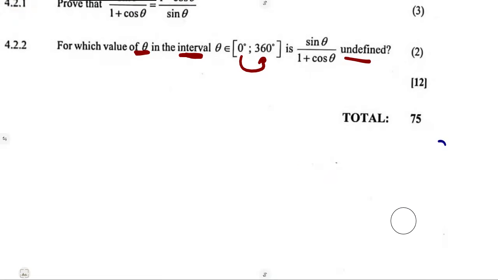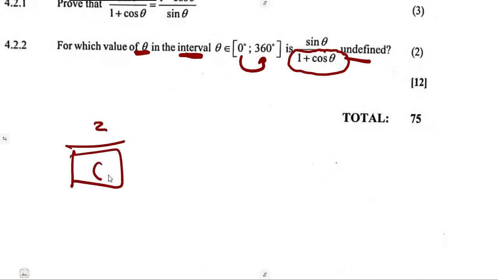So when undefined is considered on a fraction, it's all about the denominator. Once the denominator is equal to 0, that fraction becomes undefined.